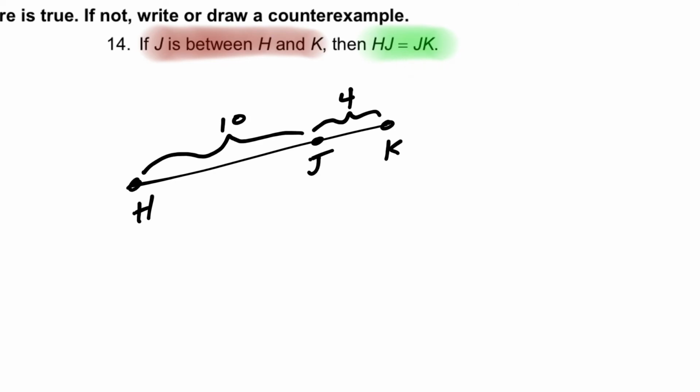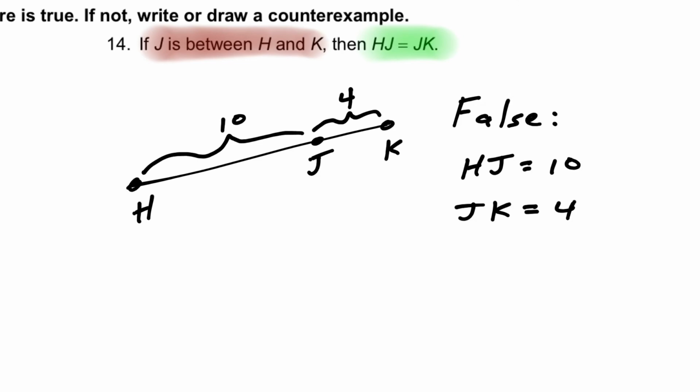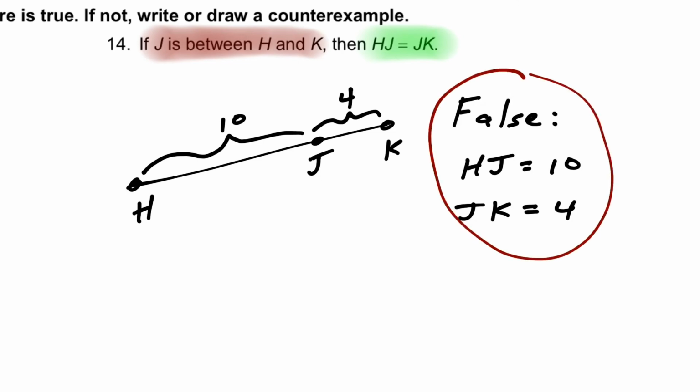So that picture, again, is my counterexample. It makes the red part true and the green part false. So that conjecture in number 14 is false. Here is my counterexample then for number 14, which proves that that conjecture is false.